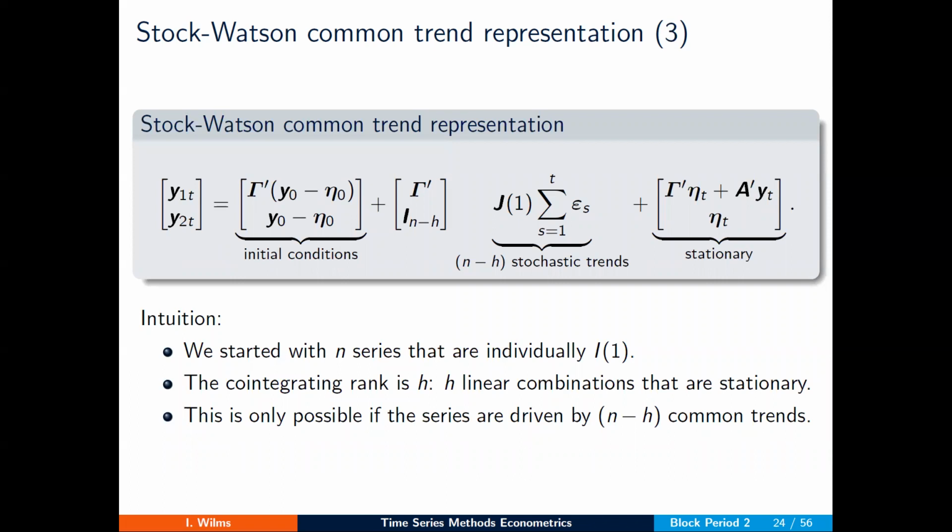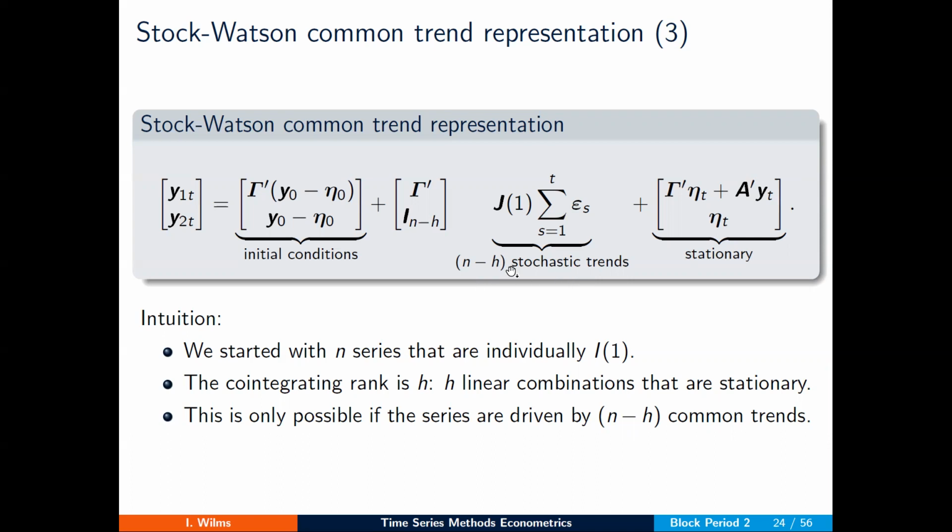Now, each of these non-stationary series is split up in 3 parts. We have some initial conditions that pop up for all of them, as can be detected from these 0 sub-indices. Then here, all the way back at the end, I have a stationary part with the error process eta t, and also in the first equation, the stationary co-integration relations.